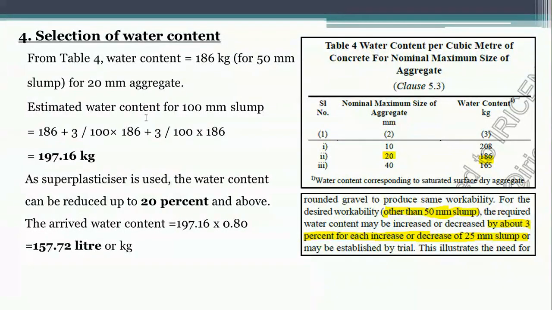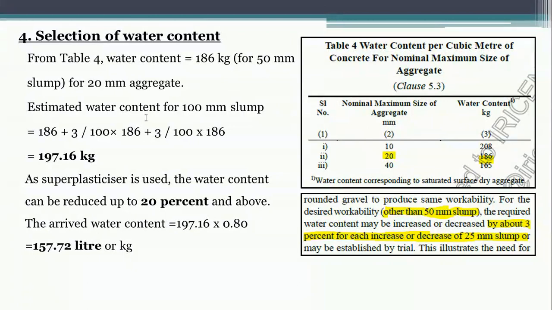So 186 plus, at every increase of 25 in slump, you have to increase the water content by 3%. Now in the problem the given slump is 100, but this data is for 50, so for every 25 increase in slump you have to increase by 3% of the water content. For 75 slump, it is 186 plus 3% of 186, and another 3% of 186 for 100 slump.